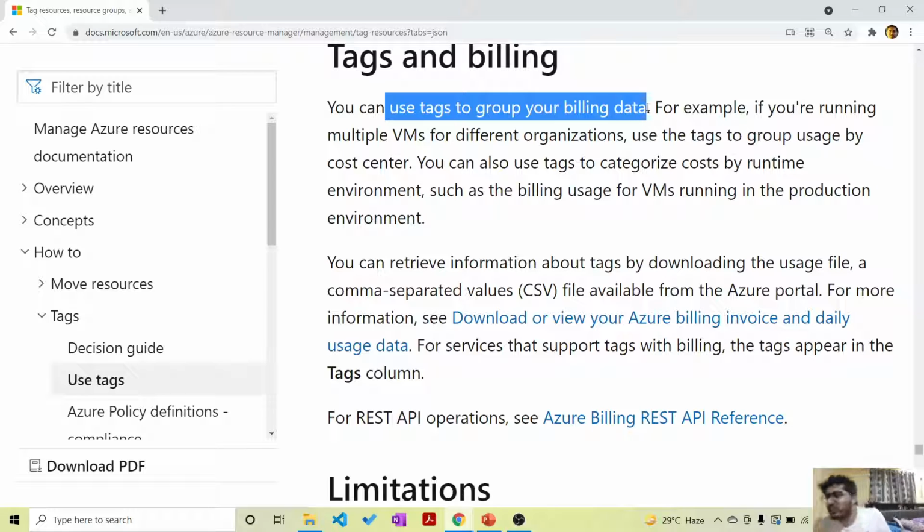So adding tags to the VMs lets you group billing data. For example, the department tag can be used to group the cost by department. You could also have done it at the subscription level or the management group level, but since in this case all of these were already predefined in the question, we are doing it at the VM level.